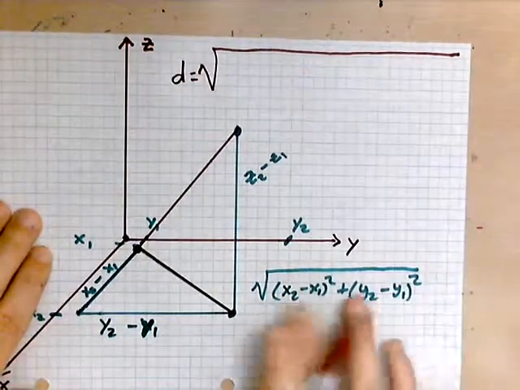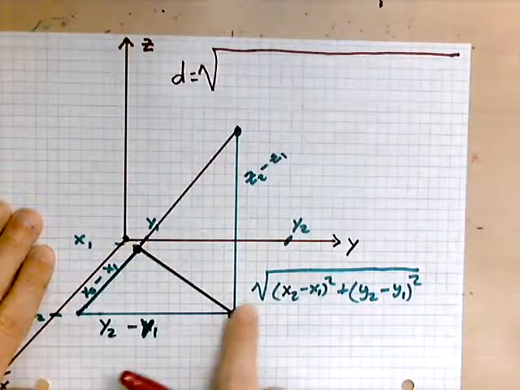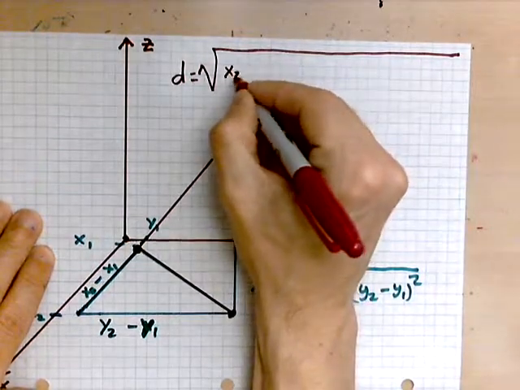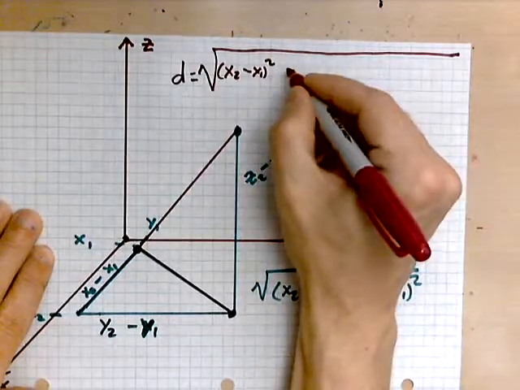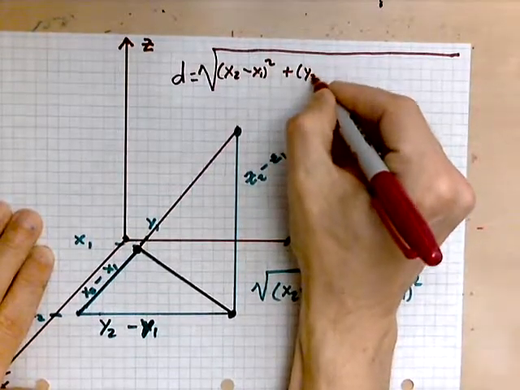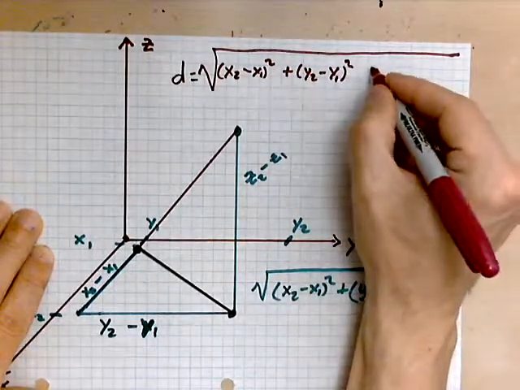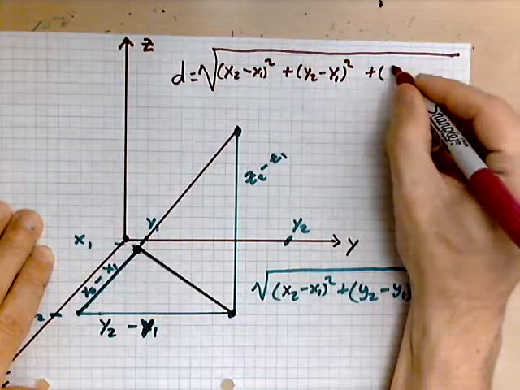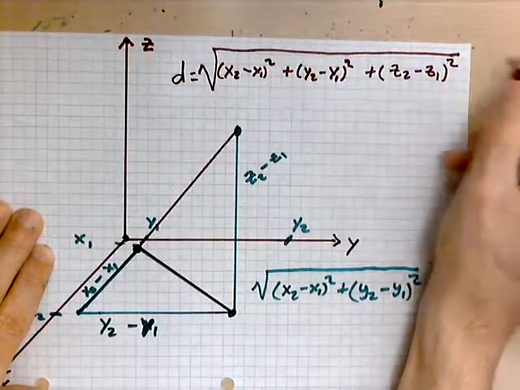and write the following. This quantity here, which is that, square it, so we'll get rid of the square root. So you'll have x2 minus x1 squared plus y2 minus y1 squared, and at the end we have now this new one, which is z2 minus z1, and the whole thing squared.